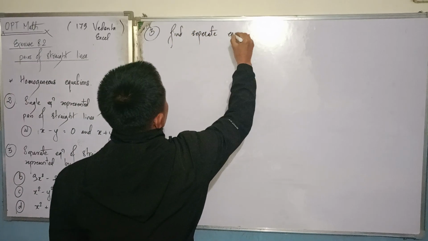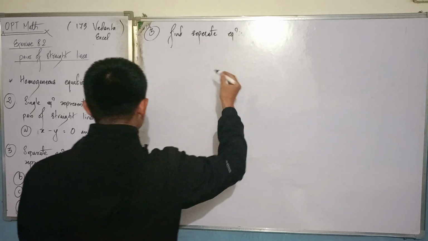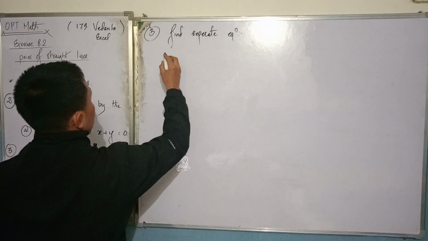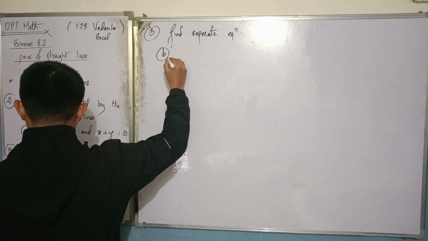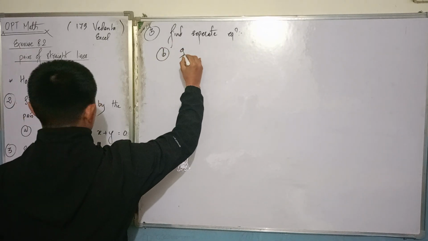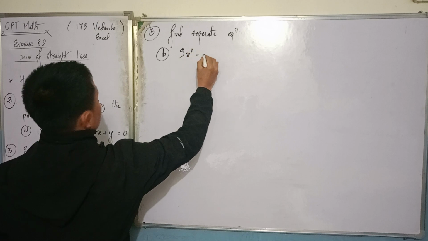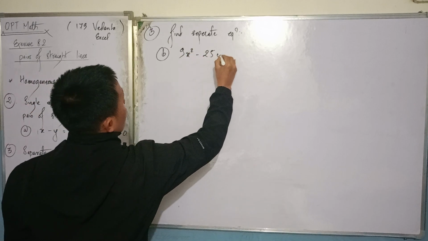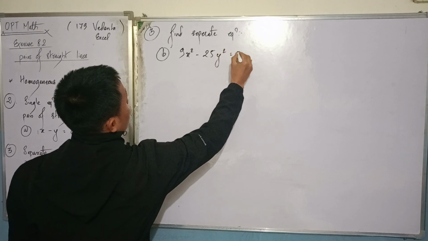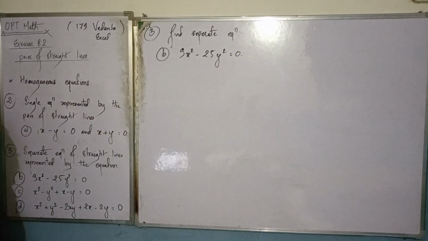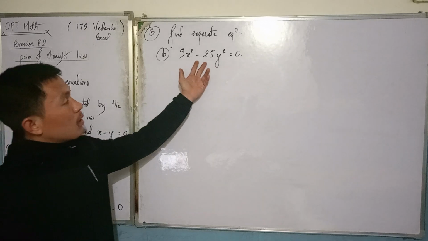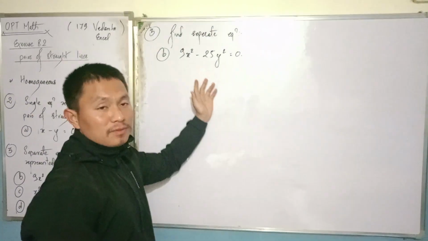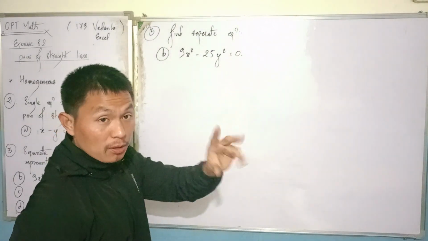In 3b you can see here 9x squared minus 25y squared is equal to 0. This represents a single equation which represents a pair of straight lines, so you have to find the pair of those lines.